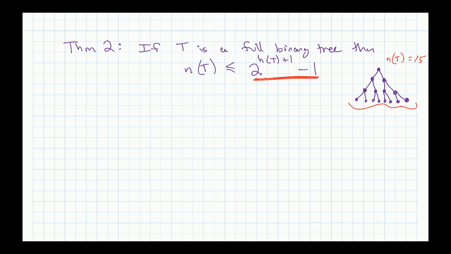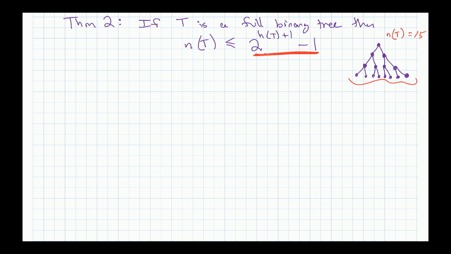And if you were to, for example, erase this and erase this, you've now got 2 fewer vertices, right? So this is going to be keeping track of what is the maximum number of vertices a tree could have given its height. So in this case, I drew one with height 3.